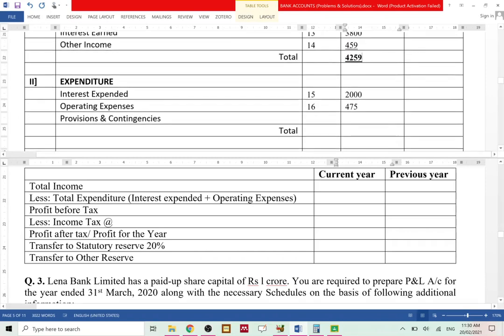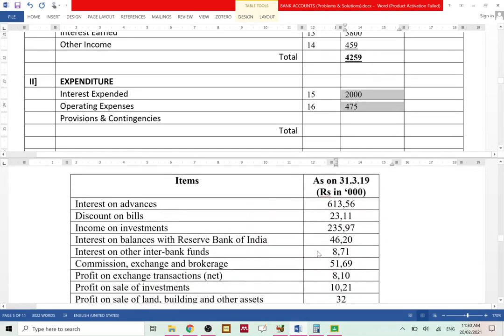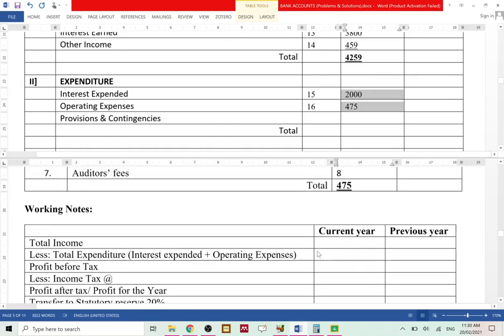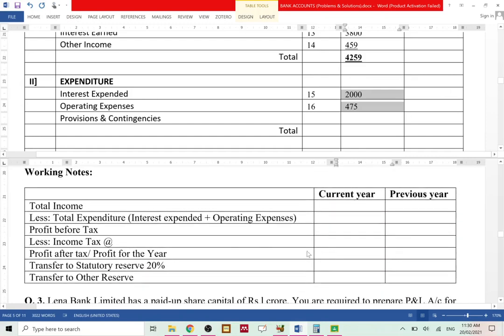In case of expenditure, we cannot total this up yet because we don't have provisions and contingencies, but the two amounts that we have, we can always use them to calculate our profit before taxes. So total expenditure, that is interest plus operating expenses, is 2,475, right? So 2,475, and total income calculated here 4,259.